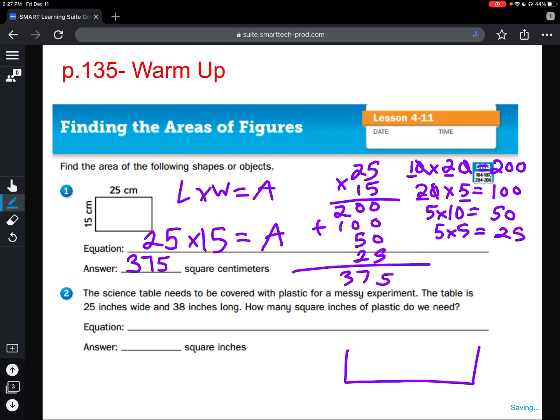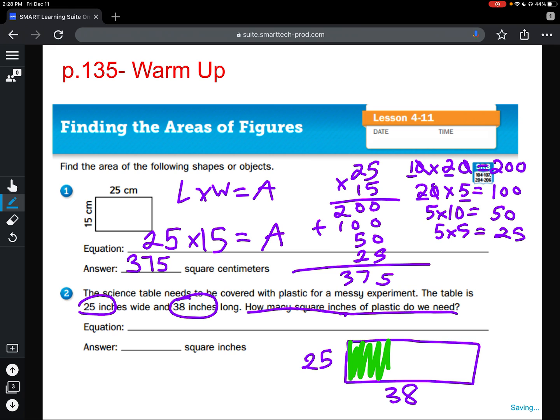I'm going to go ahead and draw a picture here. The table is 25 inches wide and 38 inches long. So I'm going to circle that. How many square inches of plastic do we need? So we're trying to figure out, let's pretend that this green here is going to be my tablecloth, and it's going to cover the whole table.